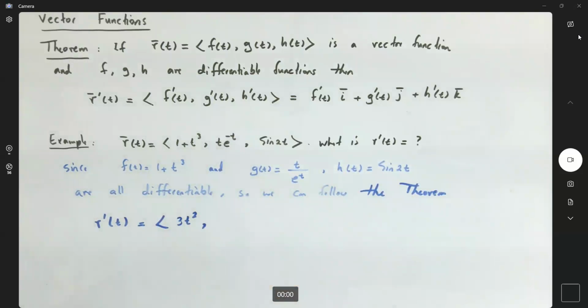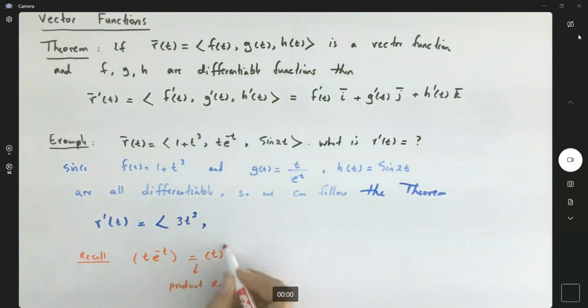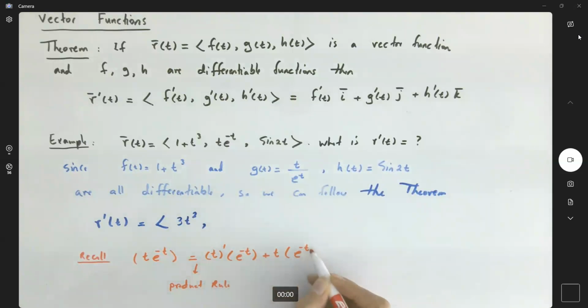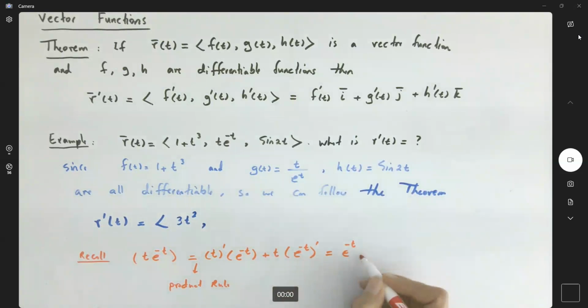For t e to the power negative t, you have to apply the product rule. Again, let's write down a short recall for you here. The derivative of t e to the power negative t using the product rule is equal to the derivative of t times e to the power negative t plus t times the derivative of e to the power negative t, which is equal to 1 times e to the power negative t, plus t times minus 1 times e to the power negative t.